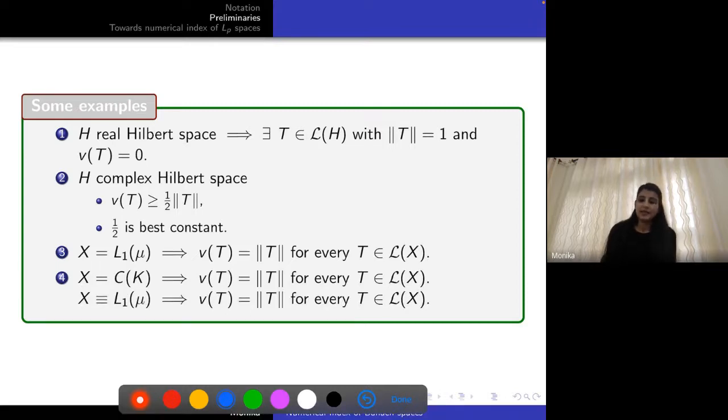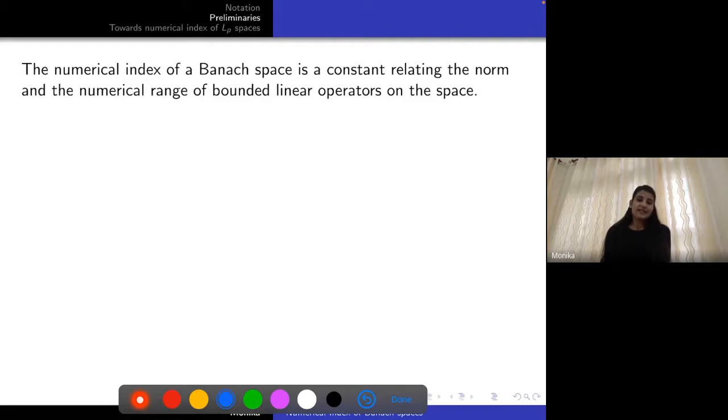Okay. Moving forward, I will start with the numerical index. So the numerical index of a Banach space is a constant. Till now we were talking about the operator. Now the numerical index is related to the Banach space. So the numerical index is a constant which relates the norm of an operator with its numerical range.